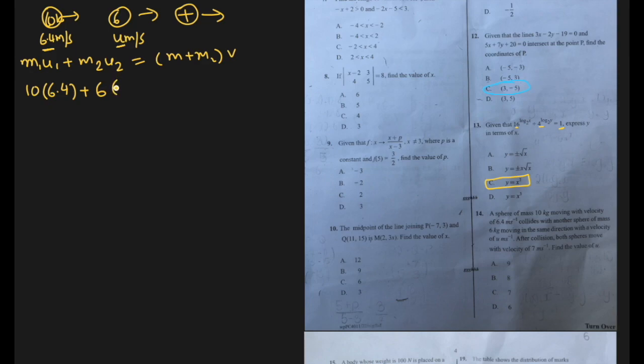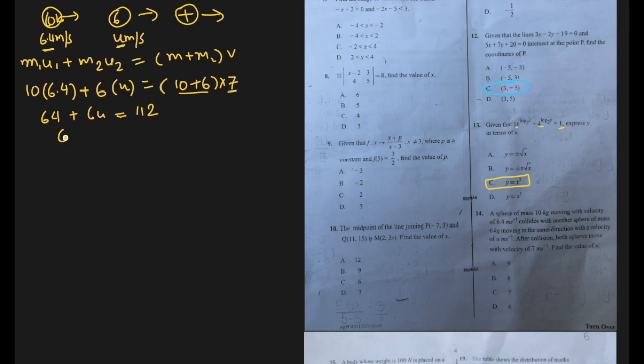Its velocity is unknown, so we'll just write u for that, equal to 10 plus 6, and their velocity together is 7. Alright, it is 64 plus 6u equal to 16 times 7. 16 times 7 will be 112.